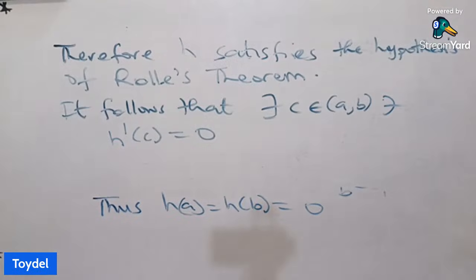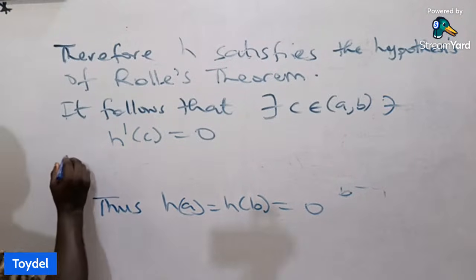That is the assertion. So if you check that out, we can check it from h prime of x in equation 2. From equation 2, when x is equal to c, h prime of c will be equal to 0.